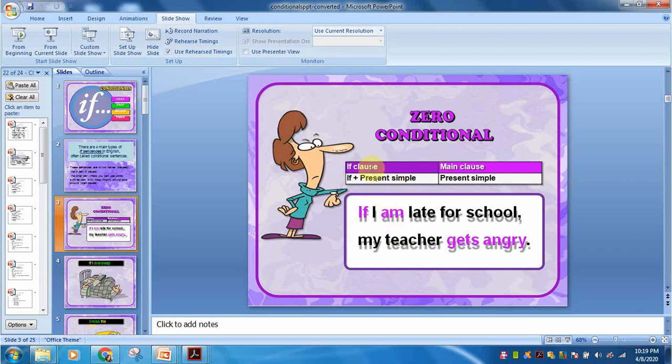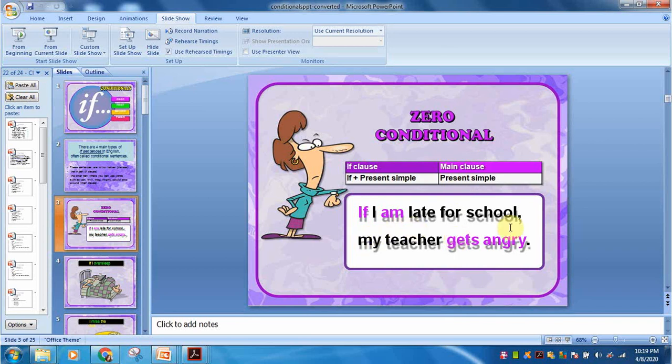Now when you are looking at a sentence, you can clearly understand what a fact is. So all the facts will take the construction of zero conditional, correct? I am repeating myself again: the if clause will be in the present simple and the main clause will also be in the present simple.